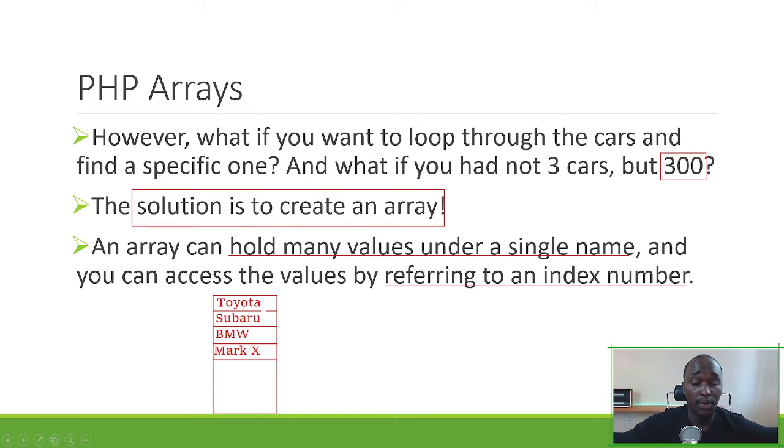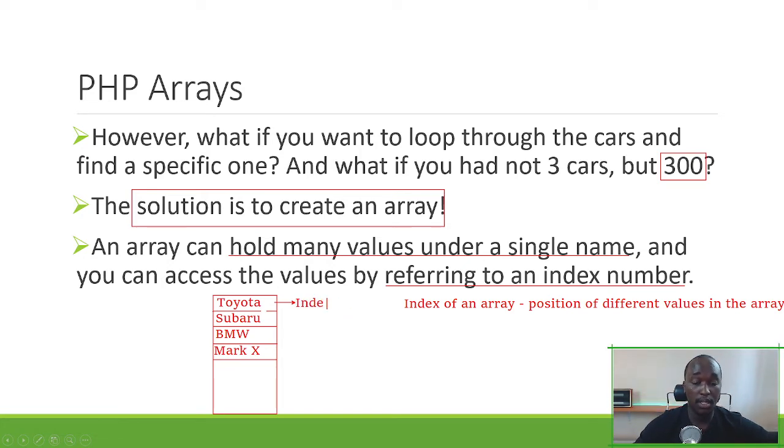Okay, so there are several things you're supposed to understand about an array. One of them is what is called the index of an array. The index of an array is simply the position of different values in the array. That's what you call the index of the array. Now, in this particular example, this position here is called index 0.